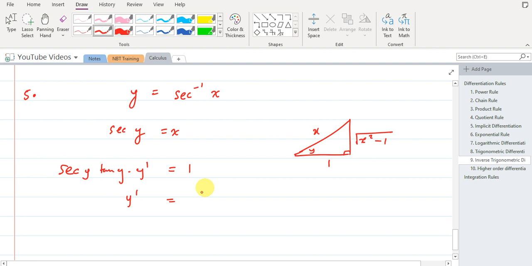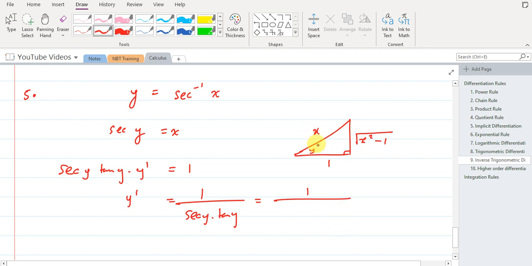So we have 1 over sec y times tan y. Can we simplify? Yes, what is sec y? It is x.